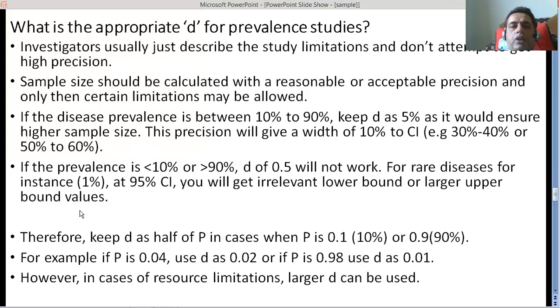It would be the same situation as we discussed earlier: if a disease is rare, not very prevalent, and you use a D of 0.05, you can get irrelevant negative lower bound values, or larger upper bound values, which would not actually be true. That is because of the wrong D value that you have put in the equation.